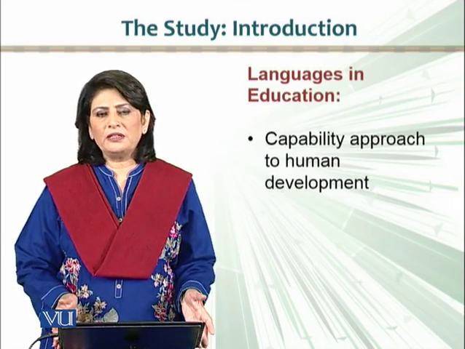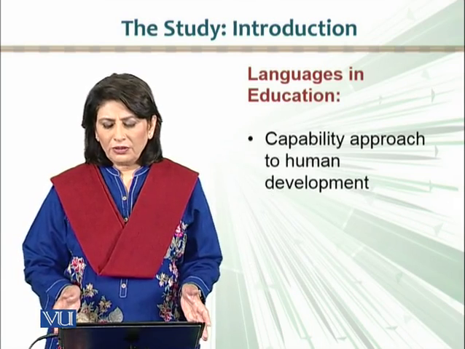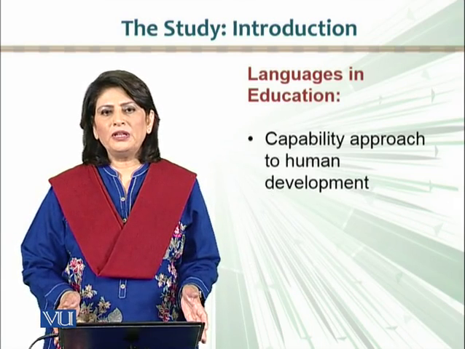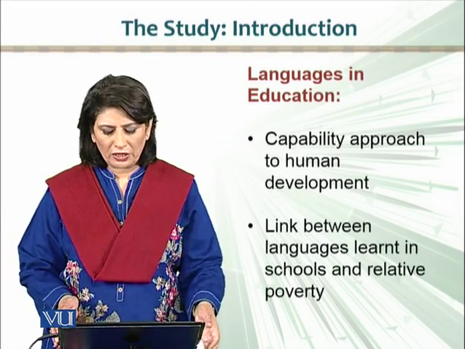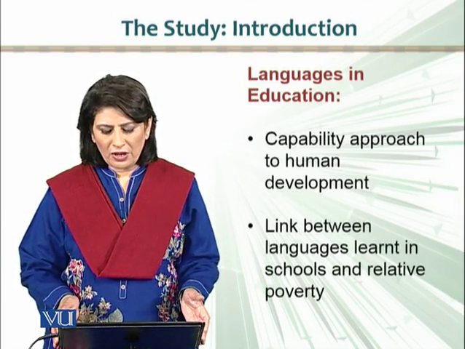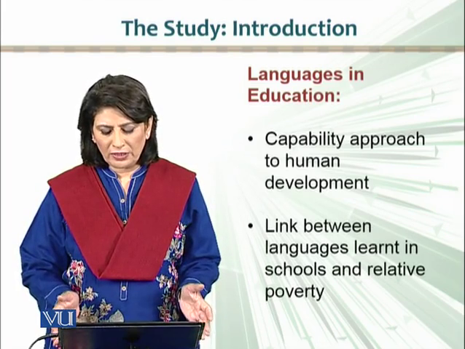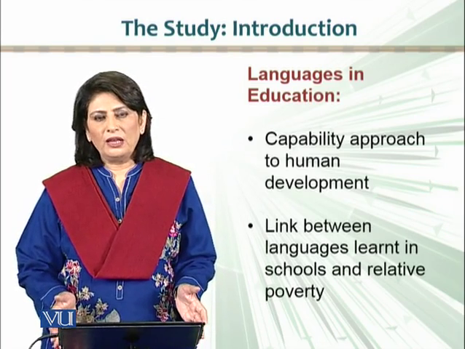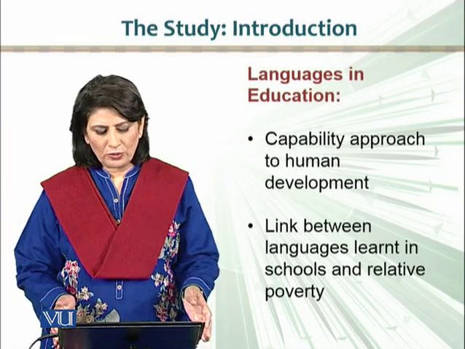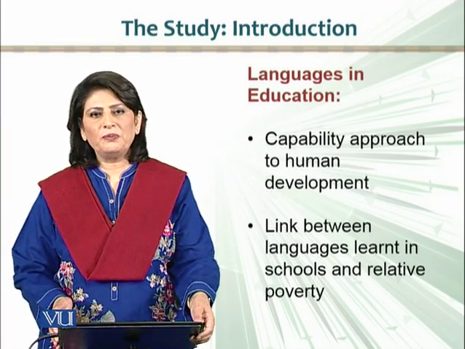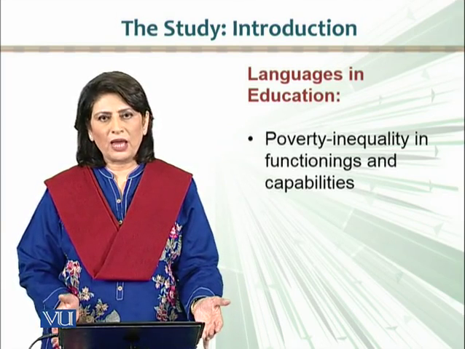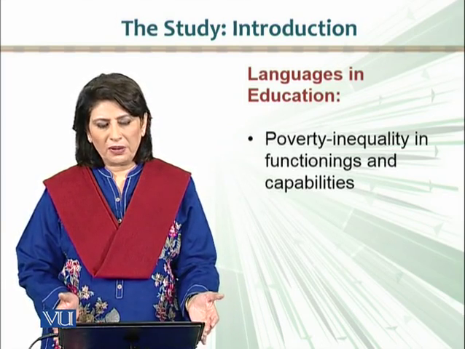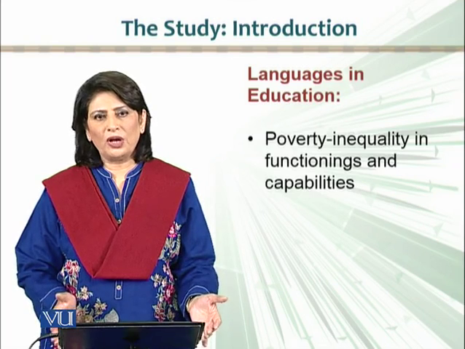We discussed earlier that we are using the capability approach to human development to understand issues of inequality, and we are trying to learn the link between languages learned in schools and relative poverty. Let me remind you, relative poverty would mean not absolute poverty, but poverty in relation to others.